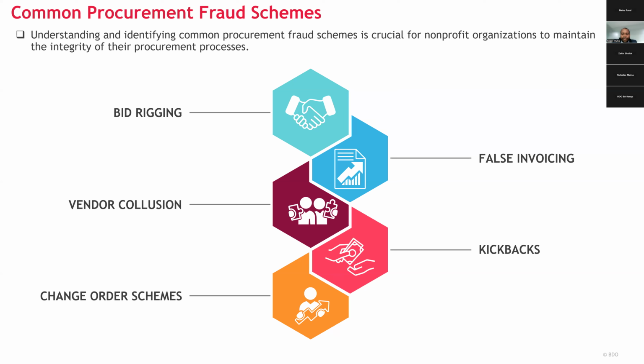Some of the ways you can detect and prevent this particular type of fraud: one, you can encourage a competitive bidding environment by maintaining confidentiality in the tender process. So you need to have a very confidential tender process where you don't just reveal who is tendering for what.